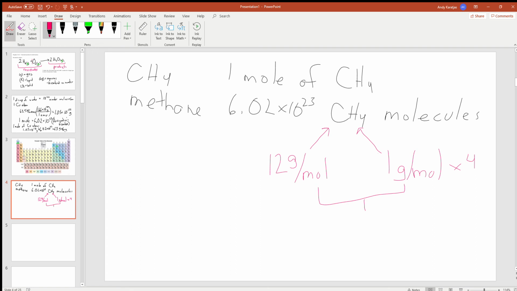So 12 plus 4 times 1 is 16. So 1 mole of methane molecules has a mass of 16 grams. And we call this the molar mass. We often also refer to it as the molecular weight.